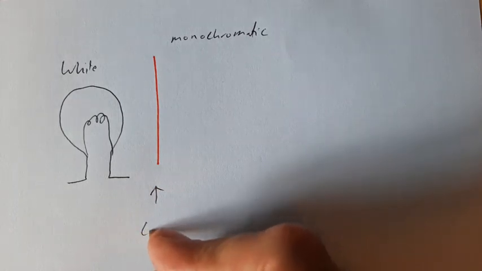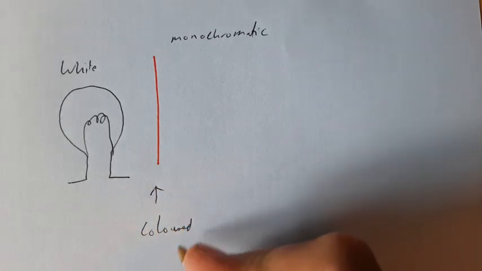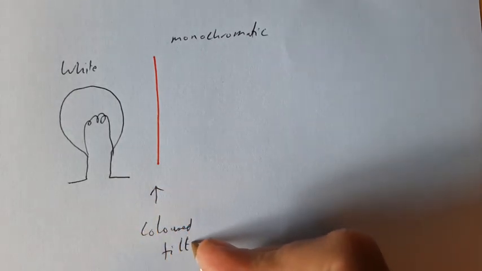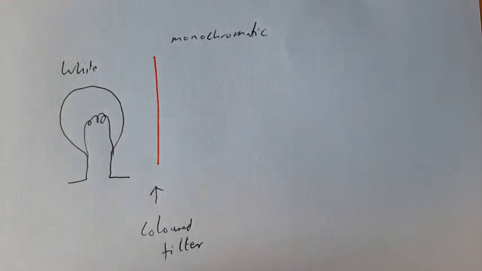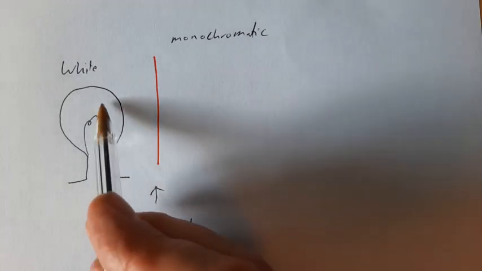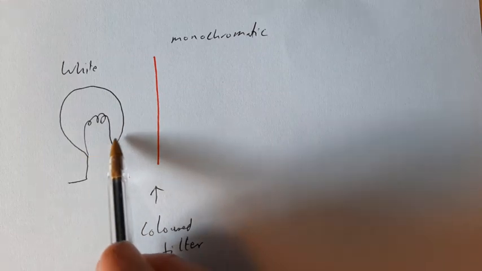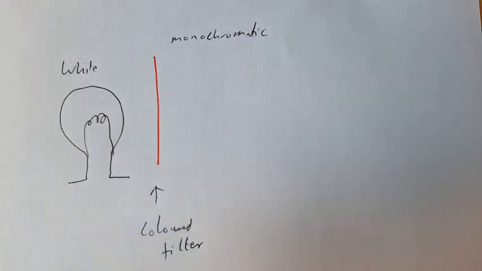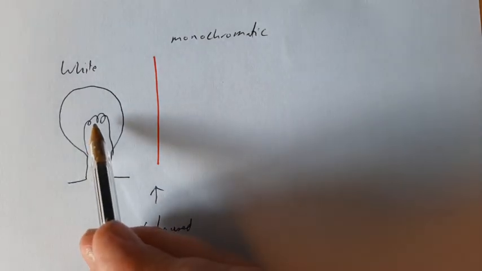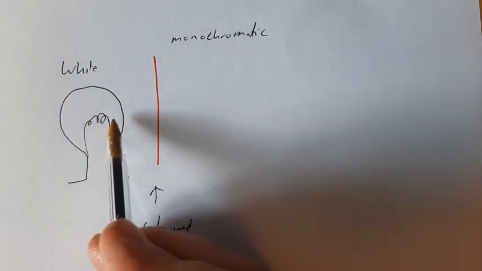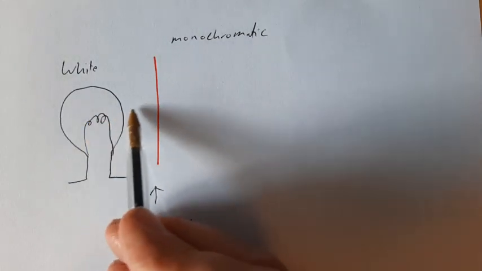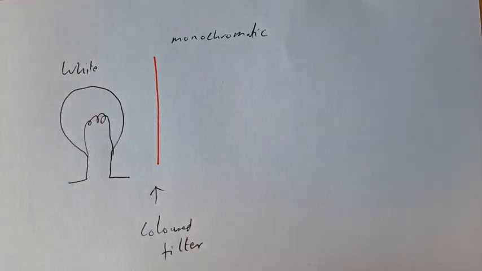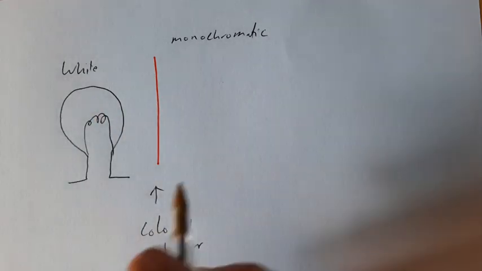So this is our coloured filter. But you can see the waves here. This filament, every part of it is producing waves, and because they've all started in different places, by definition these waves are going to be incoherent.